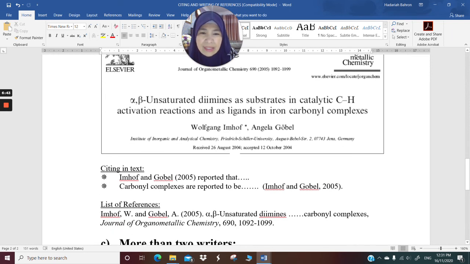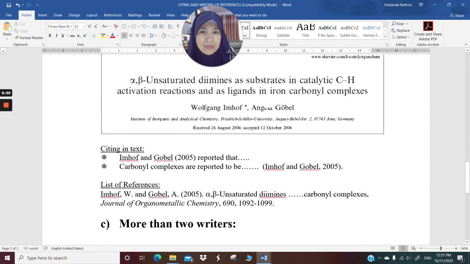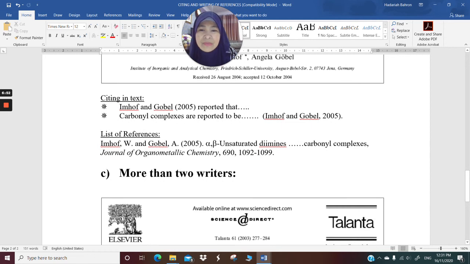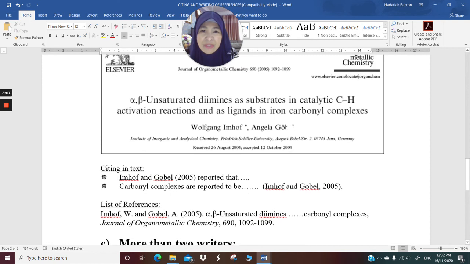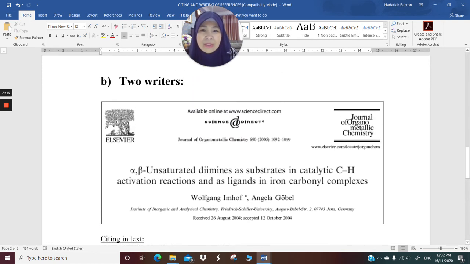It was accepted in October 2004, but it came into publication in 2005, so we counted 2005. So Imhoff and Goebel 2005 reported that all carbonyl complexes are reported to be blah blah blah, or in bracket, Imhoff and Goebel, comma, 2005. Both the names of the authors must be written when you have a paper written by two authors.